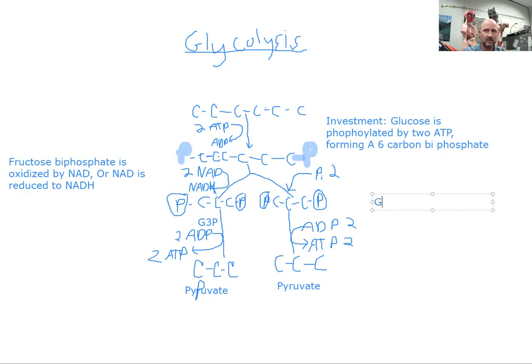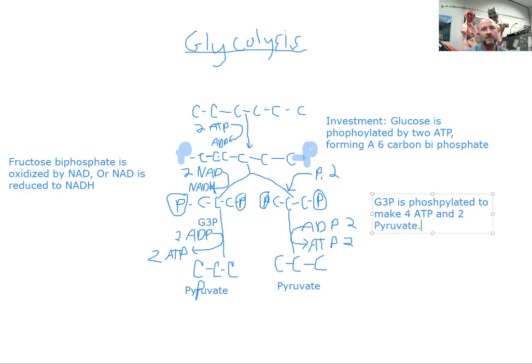So G3P is phosphorylated to make 4 ATP and 2 pyruvate.